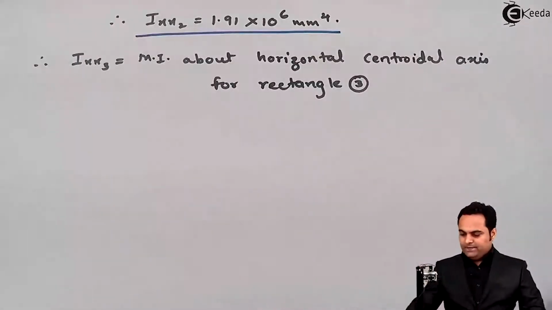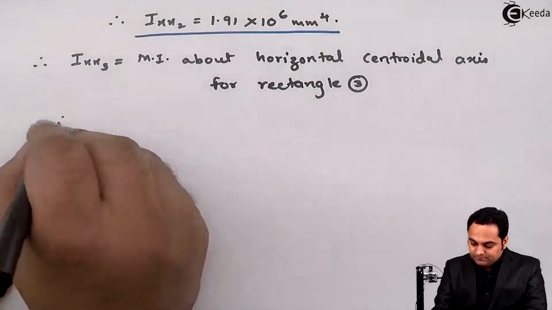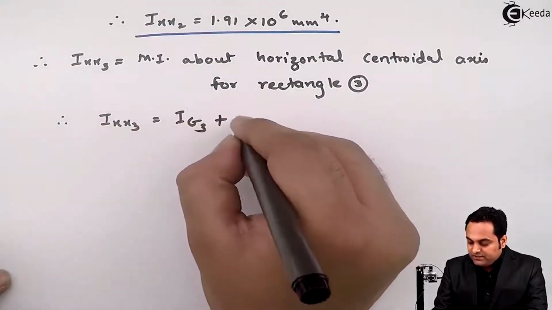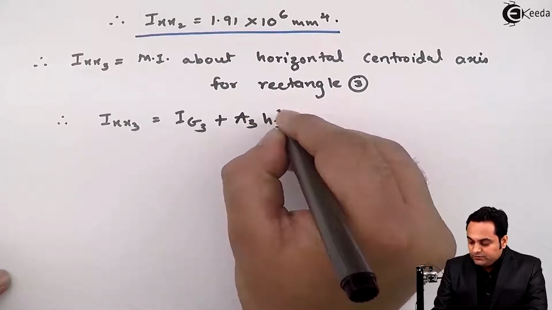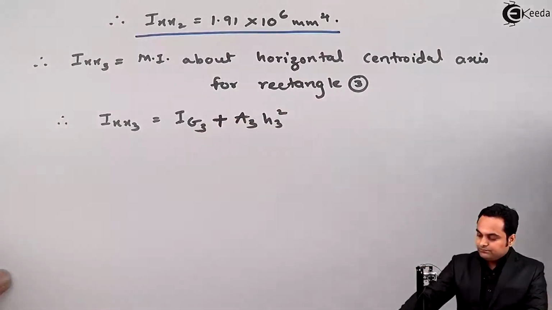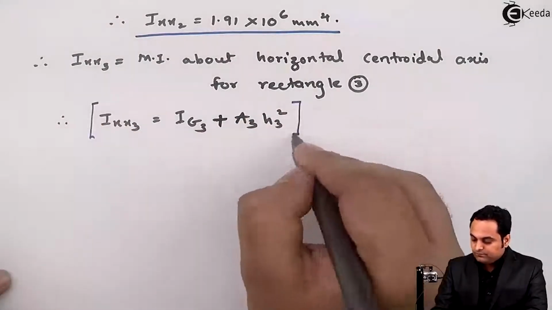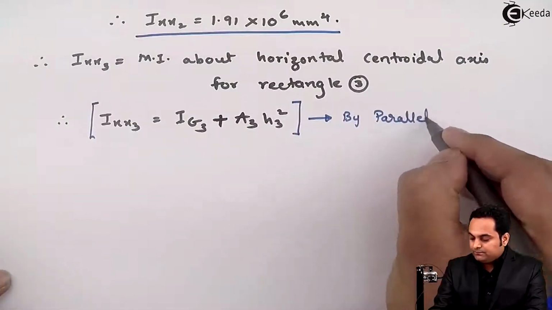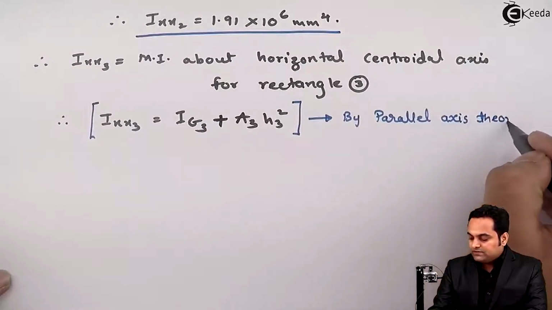So now Ix3 will be Ig3 plus area 3 into h3 square. This is by parallel axis theorem.